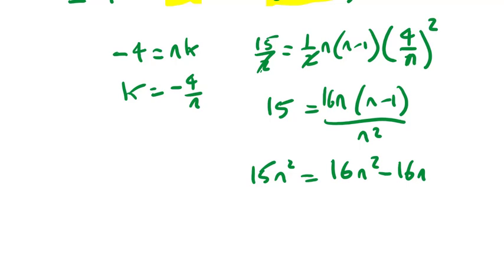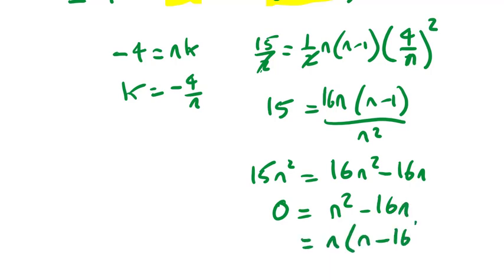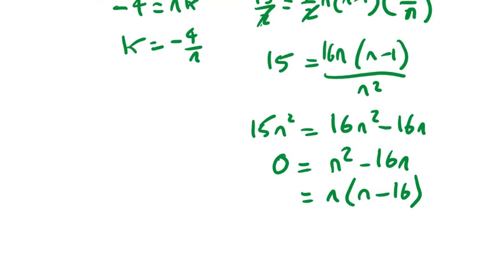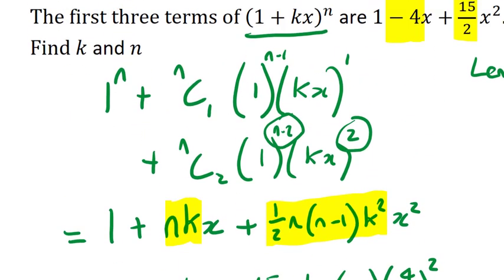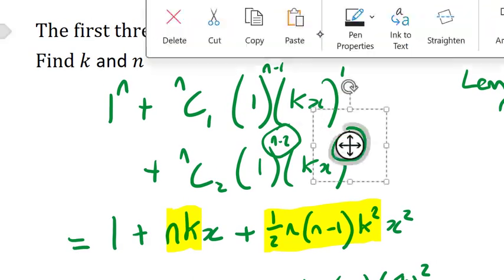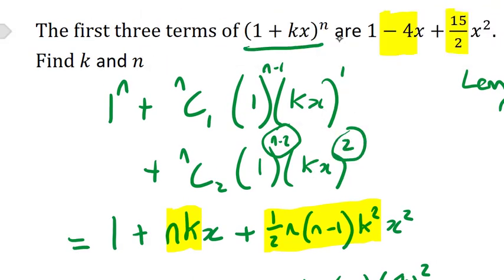It's a quadratic. I'm going to get 0 equals n squared minus 16n. So n times n minus 16. n is 0 or 16. n equals 0 is dull. Let's have a look at the question. n equals 0 is dull. And n equals 16 looks interesting.